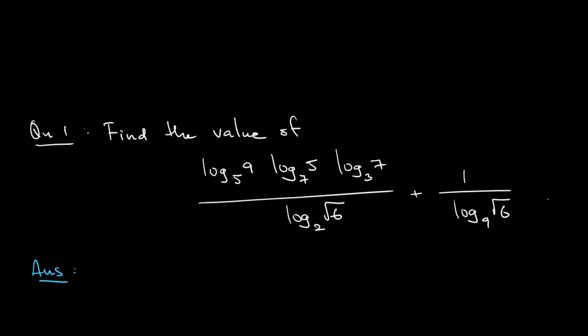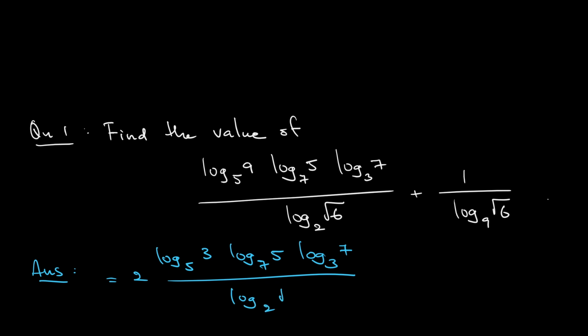Because basically that thing will equal 2 log base 5 of 3, because 9 is equal to 3 squared, and with the property of logarithm, the power 2 can drop down as a scalar product, and the rest do not change. The rest I just copy down again, divided by the same denominator, and of course the last fraction also does not change.